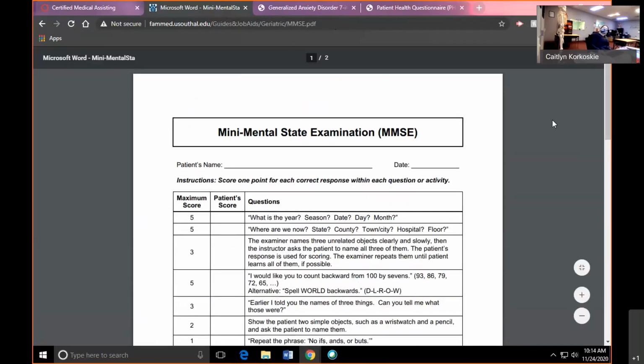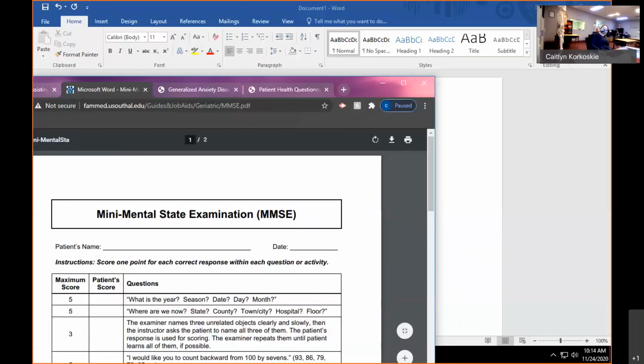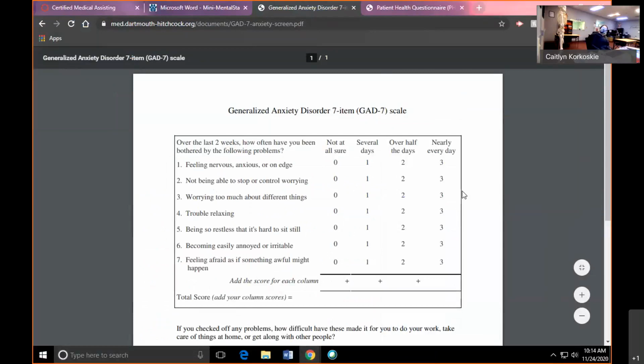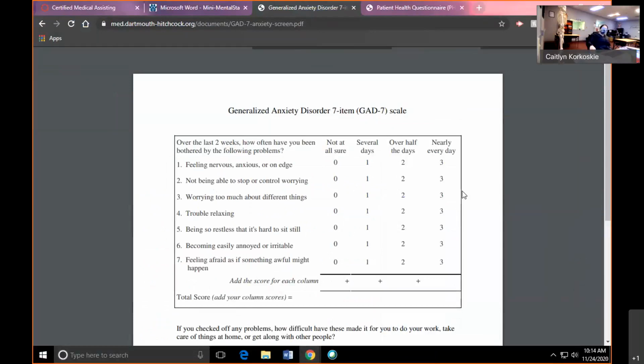Okay, let me go to the next page here. All right, so when you have a patient that comes in for anxiety or depression, we always give them 2 forms. It's going to be the GAD-7 and the PHQ-9. The GAD-7 is generalized anxiety disorder, and it has 7 questions, so that's why it's called a GAD-7.